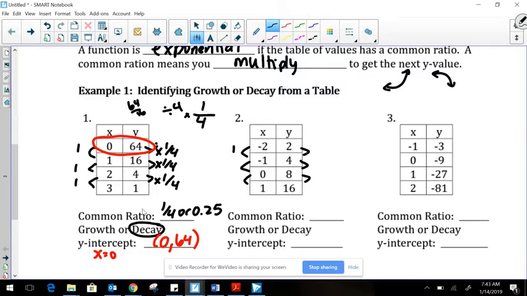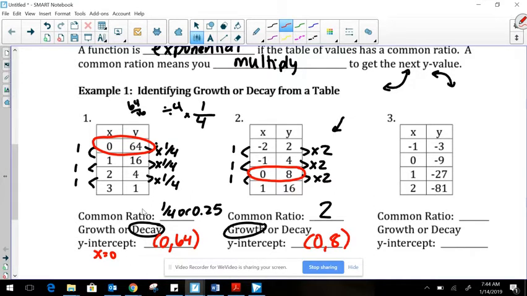I'm increasing by 1 each time on the left. On the right, I'm multiplying by 2. Nice job. So 2 each time. That's my common ratio. I'm growing. This number is greater than 1, so I'm getting bigger each time. And then my y-intercept is where my x is equal to 0, so it's (0, 8).